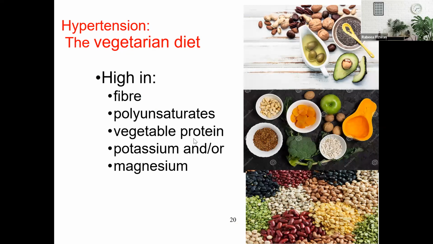Vegetable protein examples are the legumes, lentils, some pulses, beans, especially red beans, and good sources of potassium and magnesium as well. Examples are broccoli, banana, cashews. So these are good examples and sources of a vegetarian diet by which hypertension can be managed, controlled and prevented.